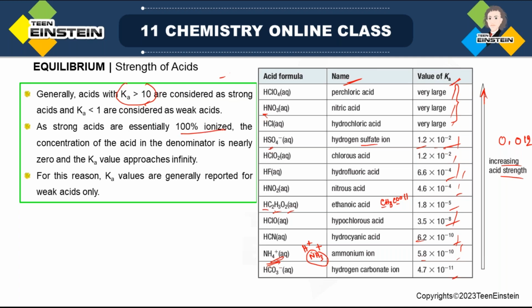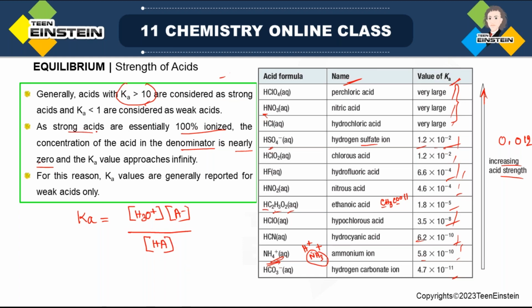Strong acids are essentially 100% ionized. So all the molecules will be in ionized form, in the H plus and A minus form. The concentration of the acid in the denominator is nearly 0. Remember the expression of Ka that we have seen in the previous slide: H3O plus, then A minus, and in the denominator we have HA, which is undissociated.